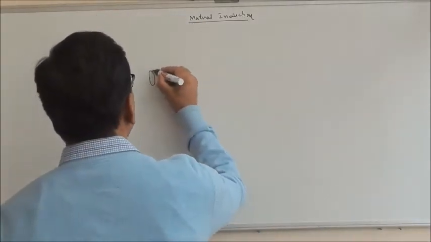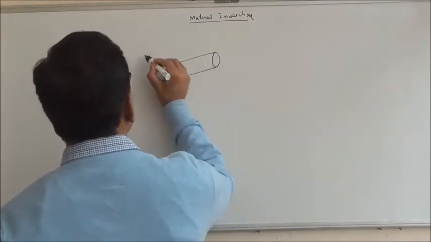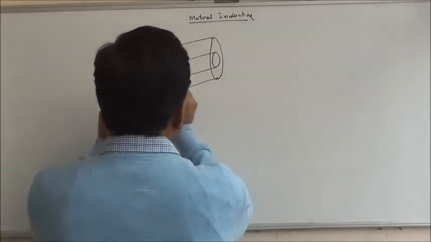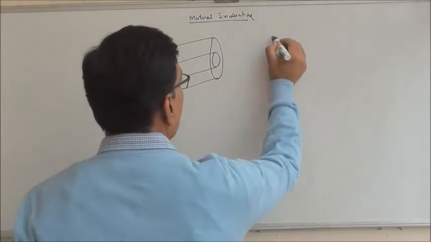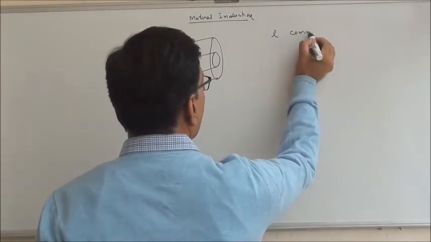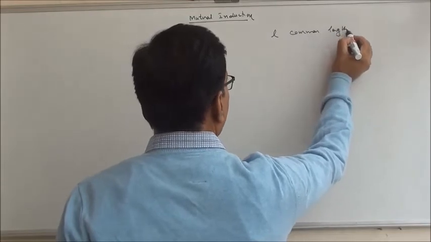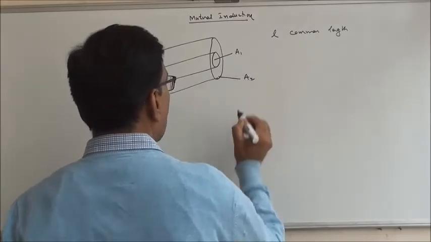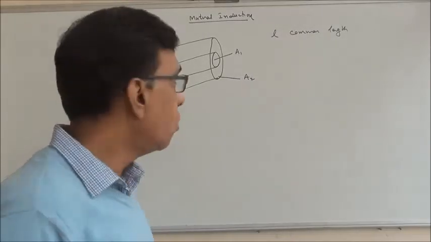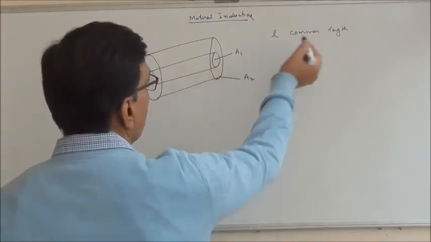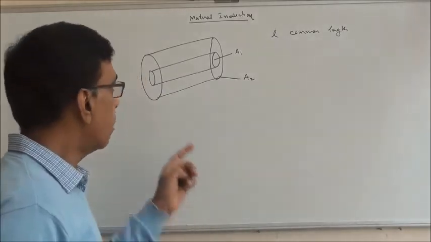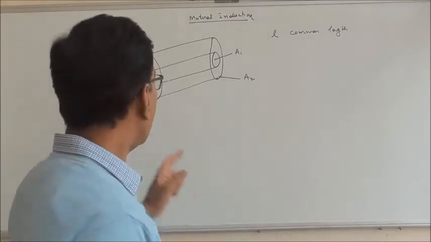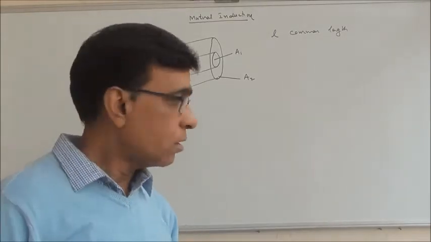So let me consider two solenoids, very long, infinitely long solenoids, but even if one is larger than the other, I am taking a common length L. The area of cross section of the inner one, let me call it A1, and the outer one A2. The length is L, and once I will take the inner one as primary and the outer one as secondary, then in the other case I will just reverse this.